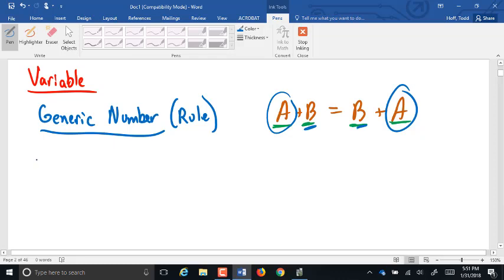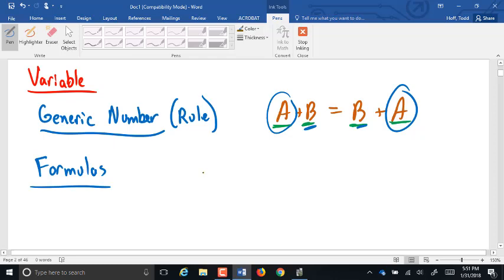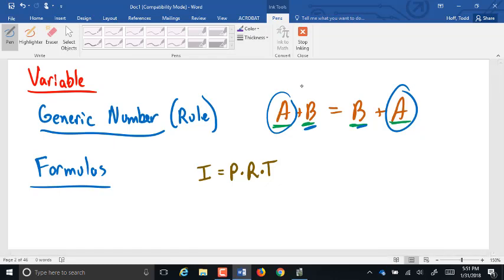It can also represent formulas. In this class, we are going to use a lot of these. An example might be interest is equal to principal times rate times time. Now, in this case, they could be any possible number within a reasonable range.